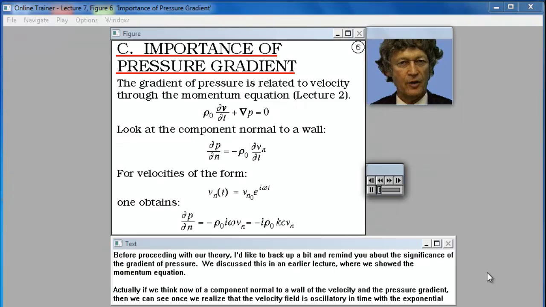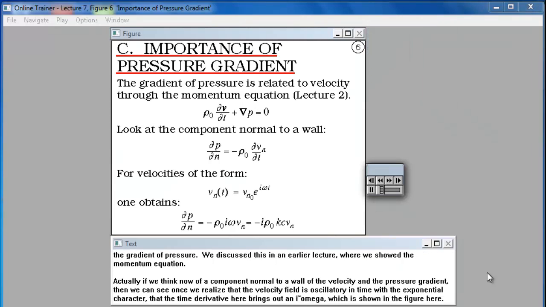Before proceeding with our theory, I'd like to back up a bit and remind you about the significance of the gradient of pressure. We discussed this in an earlier lecture where we showed the momentum equation.